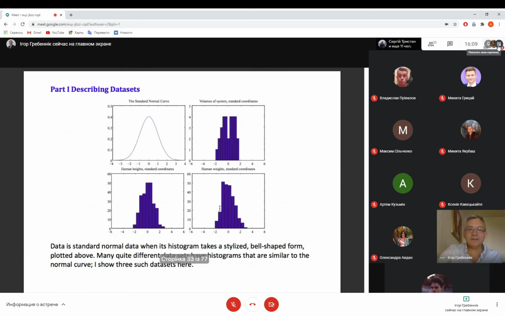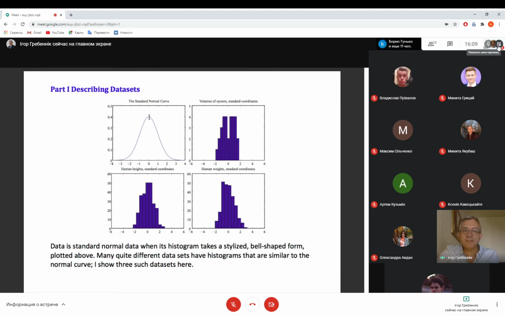But if we change the mean, we move this normal curve to the right side or left side from this point. After moving, the normal curve will be a normal curve as well, but not standard. If we change the standard deviation, the normal curve will change its shape.